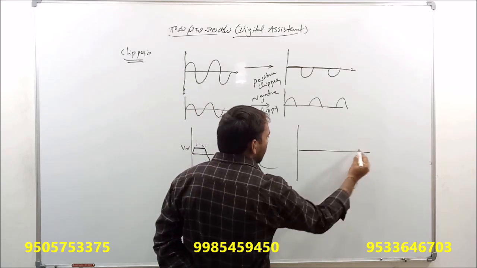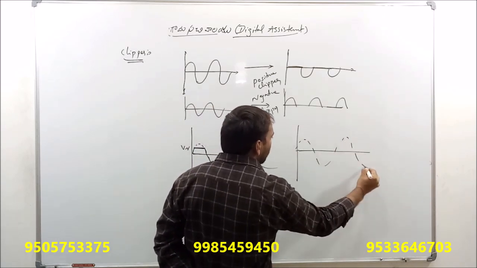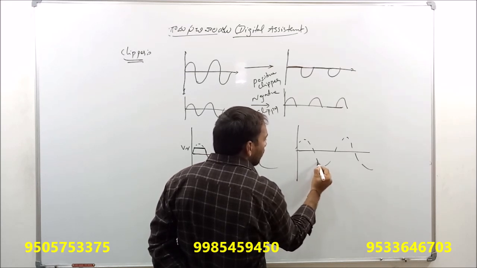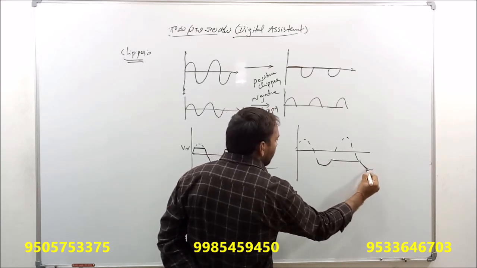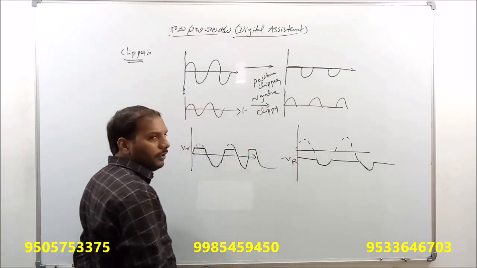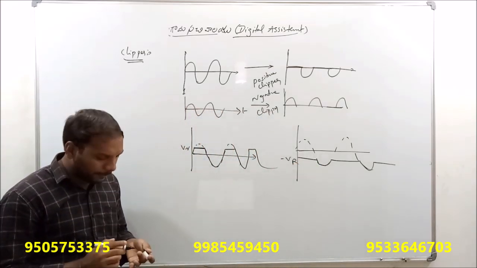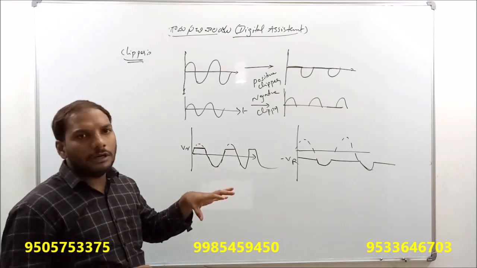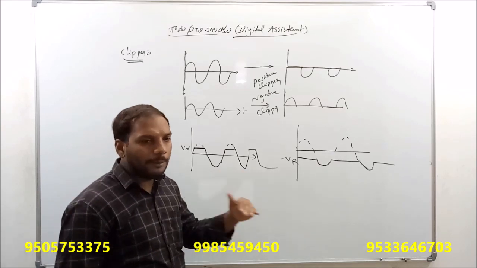Similarly, let us consider this is the input waveform. So you can clip with the negative reference also, minus VR. So these are the applications of clippers where the required amount of portion of the waveform will be clipped off.